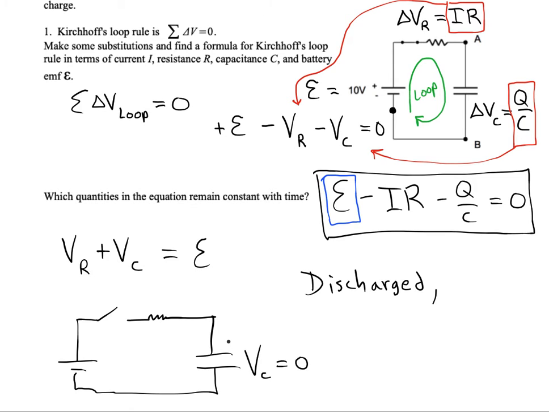But in this particular special case, when the switch is open, then the voltage across the resistor is also 0. So in this particular case, the rule won't hold because the switch isn't closed and the RC circuit hasn't been completed.